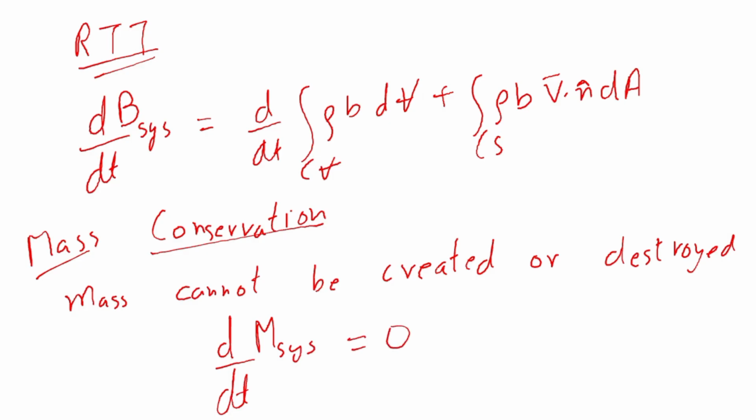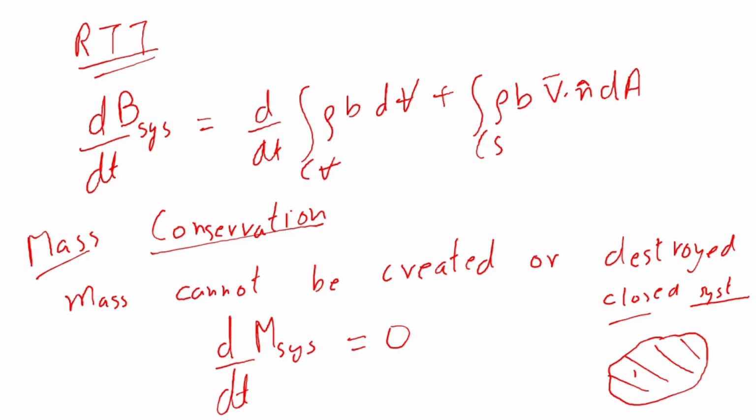If you have a closed system, and let's say it had a certain mass m inside it, if no mass can enter or leave it, the mass inside that system is going to remain constant over time.